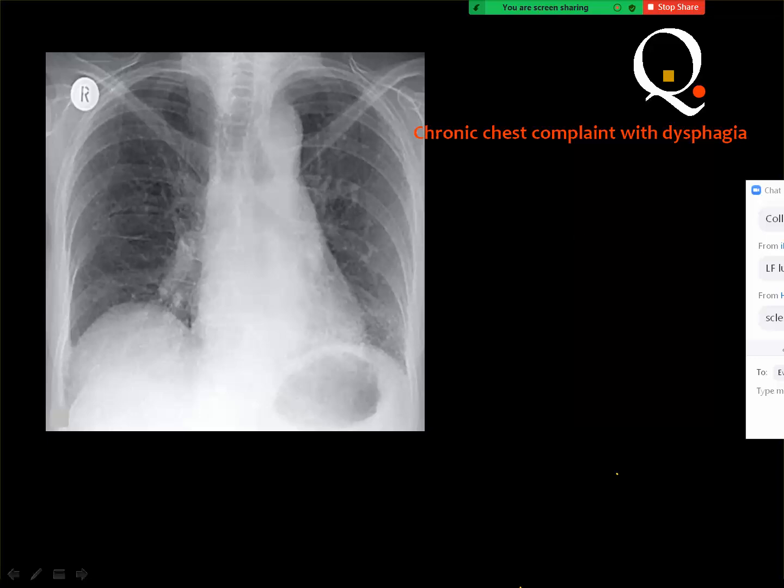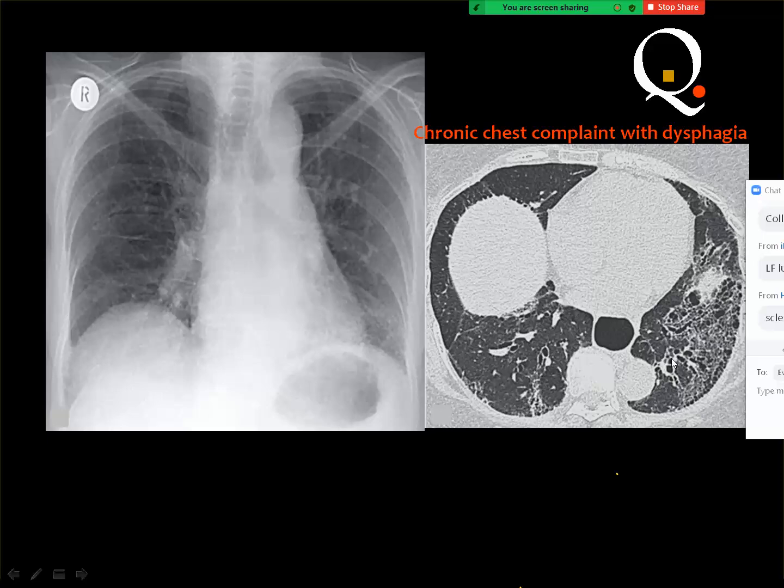Then this patient had a chronic chest complaint with dysphagia. How can you predict that this is scleroderma from the plain film? The answer is right, but for me, it's very difficult to suspect the possibility of scleroderma from the plain film, even if the patient had dysphagia.